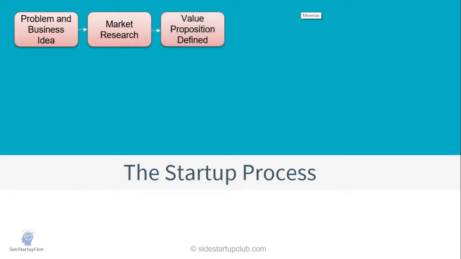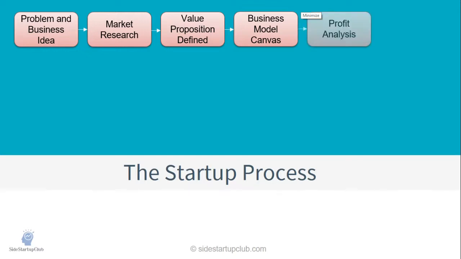Once you understand the supply and demand of the market, you need to really define the why me. What makes you stand out from the competition? What is your unique selling point? Once you have this unique selling point, you create a business model around it using the lean business model canvas.